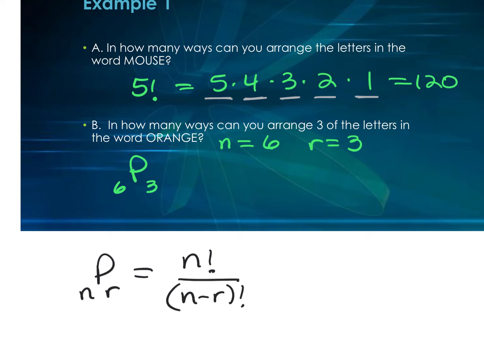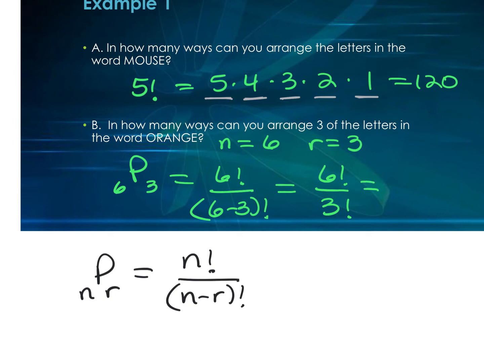When you're doing the homework tonight, even if you figure out where the buttons are, I want to see how you're plugging the n and the r into the formula. So this is going to become 6 factorial over 6 minus 3 factorial, 6 factorial over 3 factorial. Now, I know 6 is divisible by 3, but you cannot divide numbers that have exclamation points.